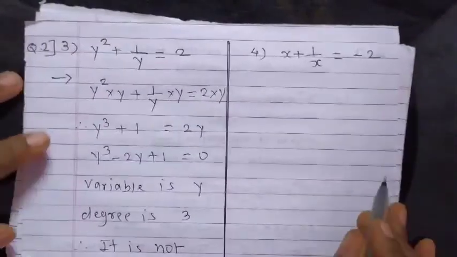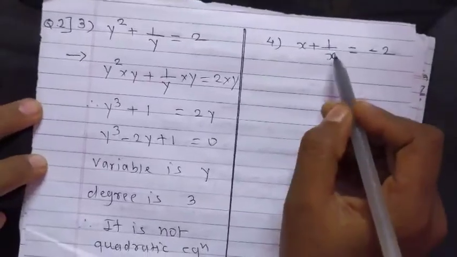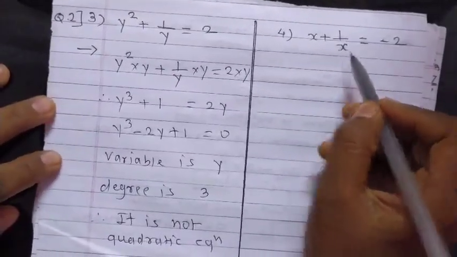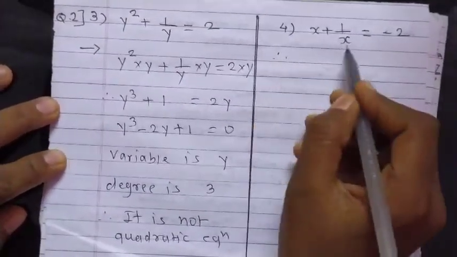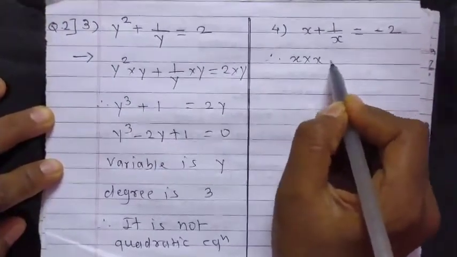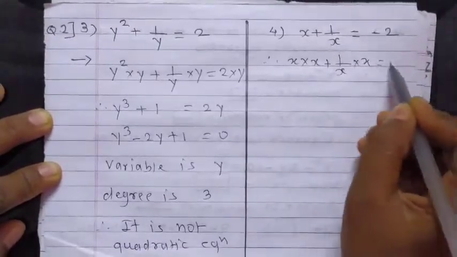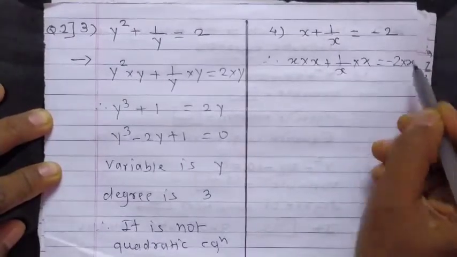In the fourth equation, x plus 1 upon x equal to minus 2. Here to cancel x in the denominator of the second term, we multiply x to each term, that is x into x plus 1 upon x into x equal to minus 2 into x.